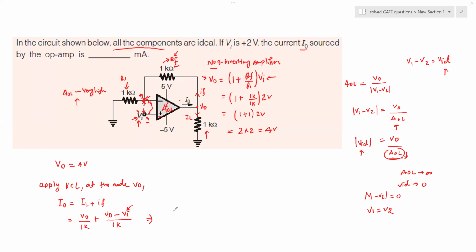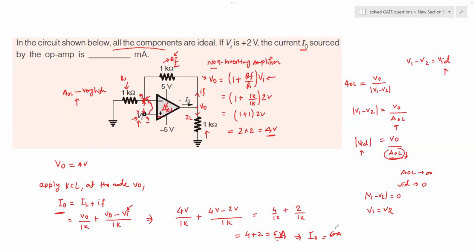So solving this, you have I naught equal to 4 volt divided by 1K plus VO minus 2 volt divided by 1K. So this is 4 volt plus 2 volt divided by 1K, that is 4 by 1 plus 2 by 1, which is 6. So the value of I naught is actually 6 milliampere, because these are 1K each.